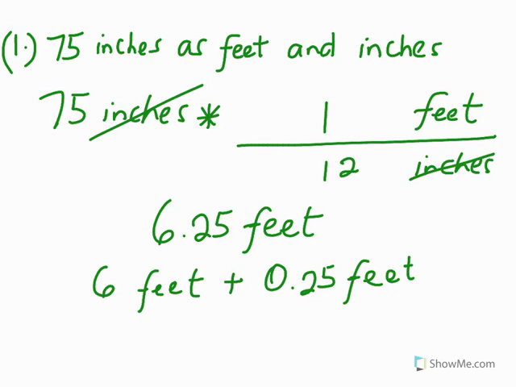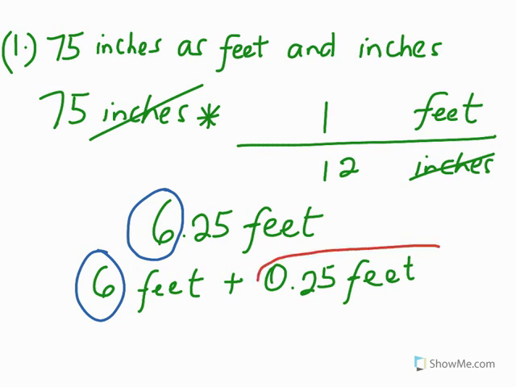Now we want to take this integer part and keep it as it is, 6 feet, and then we want to take this decimal part and change it to inches.